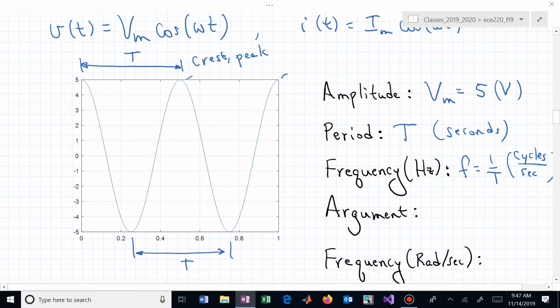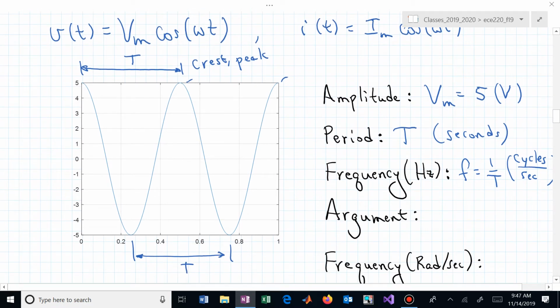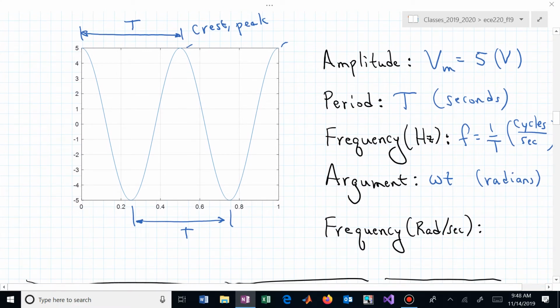The argument of this is now omega t, and we're taking the cosine of that argument, so that argument better have units that are capable of being worked on by cosine and sine. Here they're going to have units of radians. T is in seconds, so we also have a frequency omega, which is 2 pi f in radians per second.